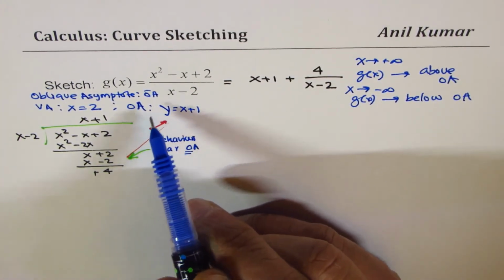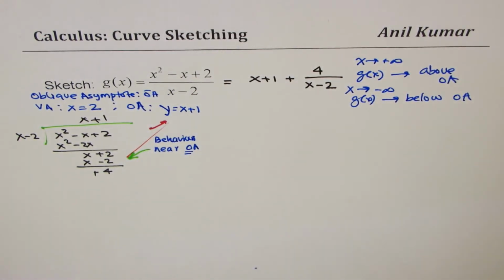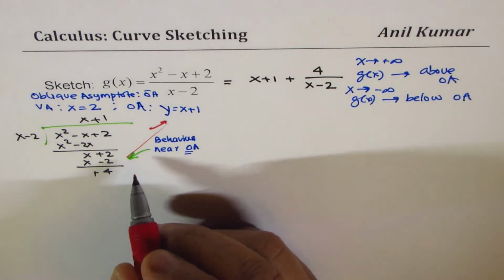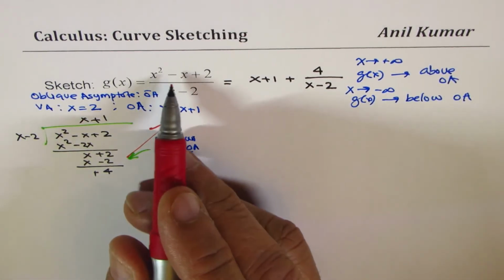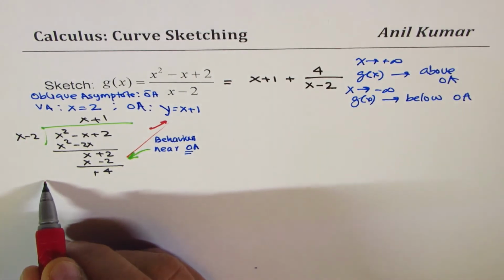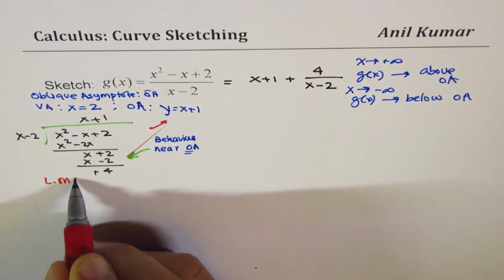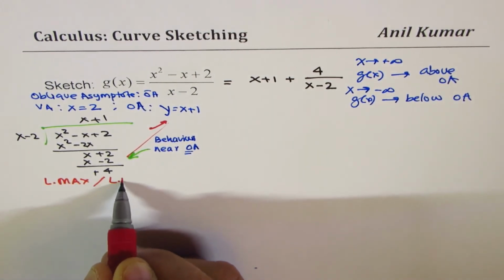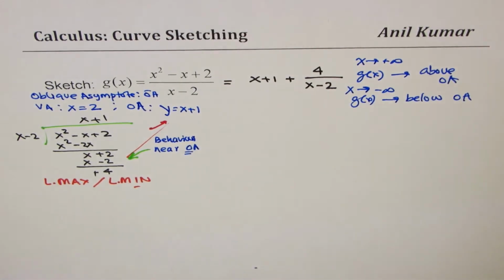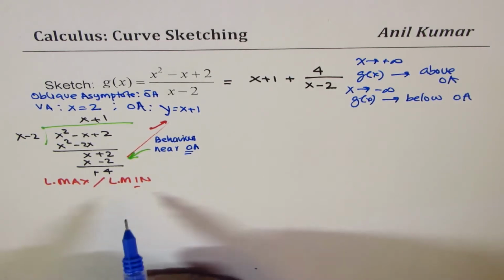Now, when you have a function like this, another important thing to consider is maximum and minimum. So this graph will always have local maximum and minimum. For that, we need to find the derivative, analyze the derivative, and get the result.